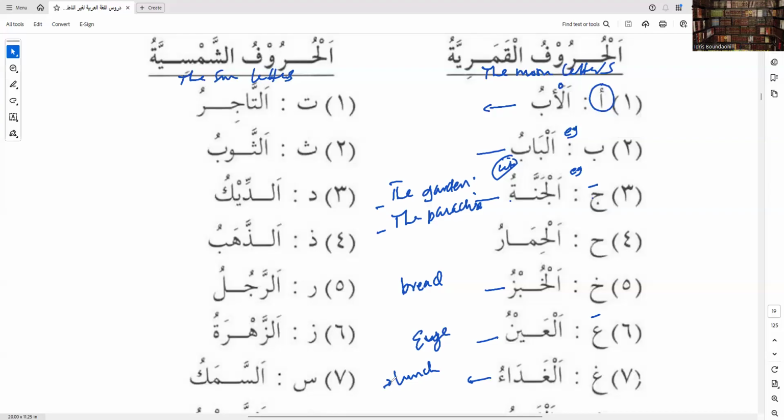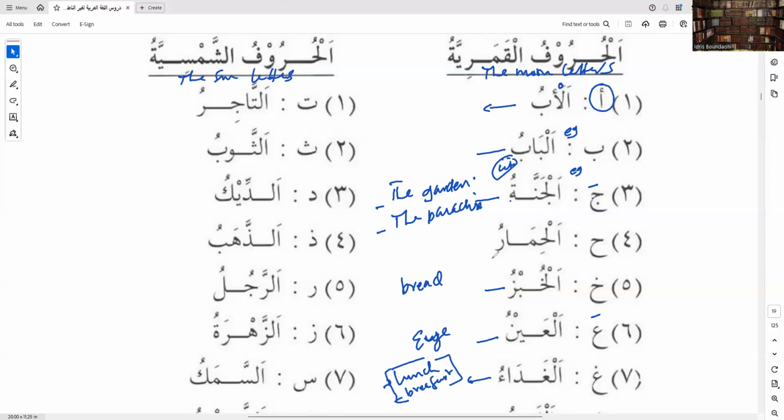So the meaning in Lughat al-Arabiyya for al-ghada is very tricky. They say it's eating from the rising of dawn until noon. You see? It can also be considered breakfast, because the concept of lunch and breakfast is European. But in Lughat al-Arabiyya, when they say ghada, it may mean lunch or breakfast.